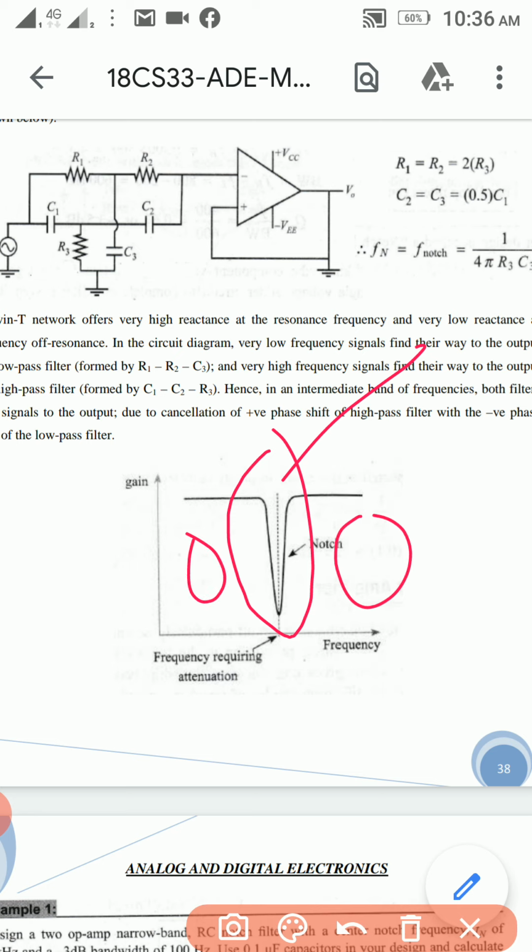For that reason I call it a notch filter or narrow band filter. This is what a notch filter is.